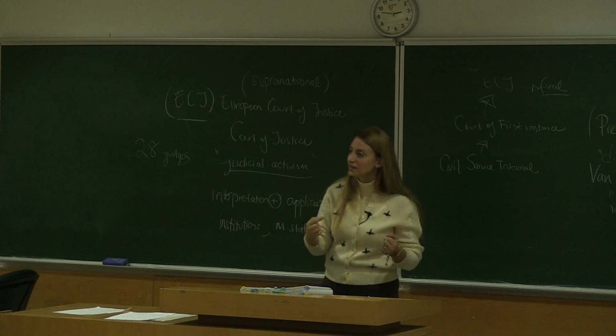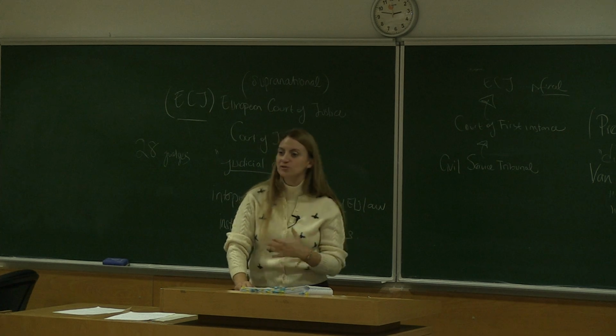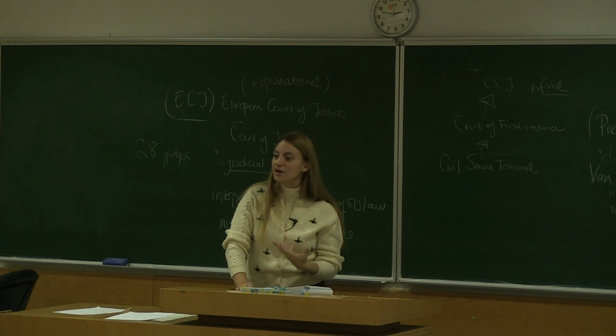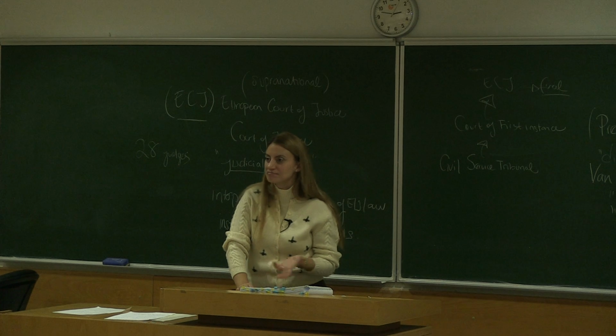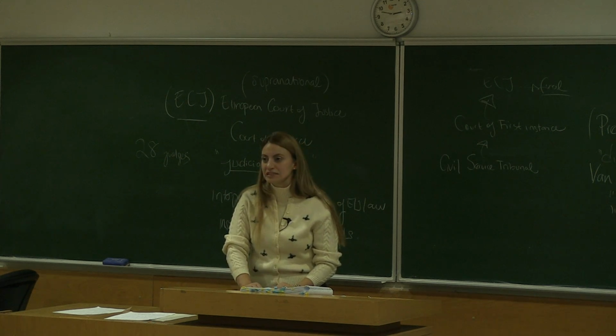We might think that in 1963 it's just one case, a chemical substance being imported from one country to the other. It doesn't sound very critical to you, does it? So what, a chemical substance imported from one member state to another? And how are we going to interpret the Rome Treaty?